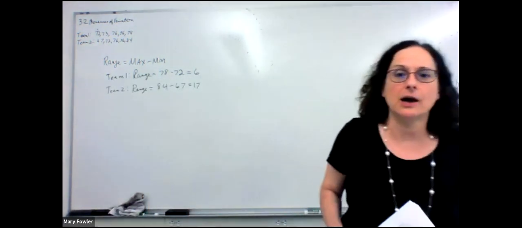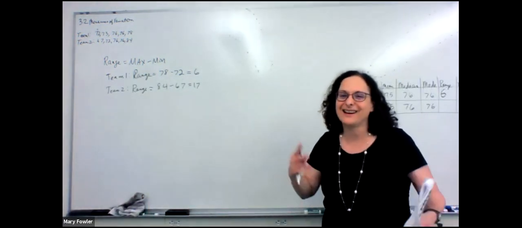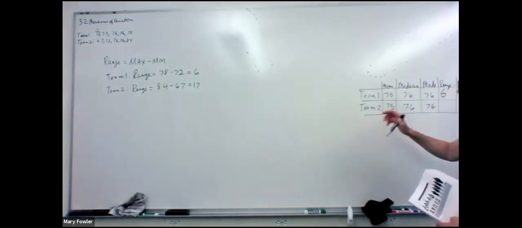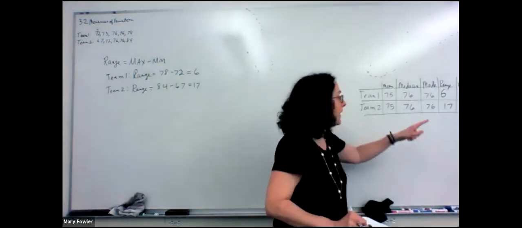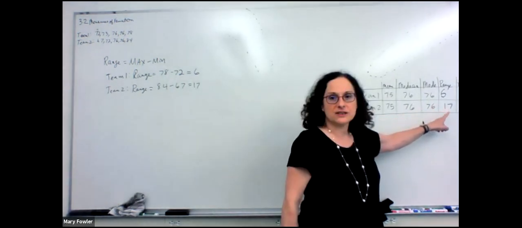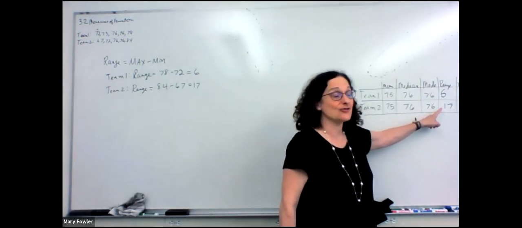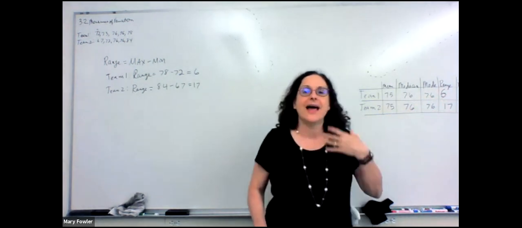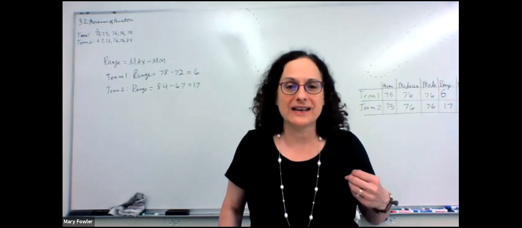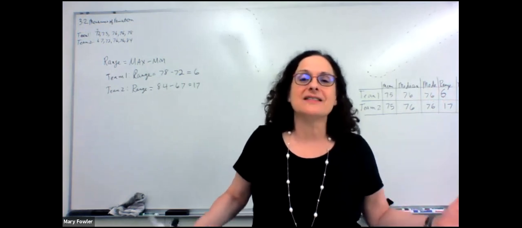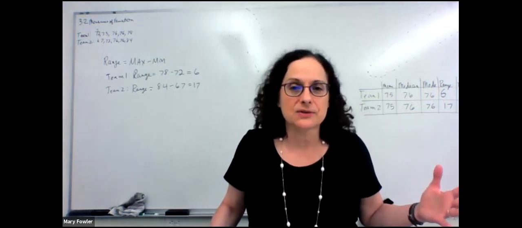And it'd be really helpful if you went along with me, so that'll help you remember how to do it. Okay. So we notice now that the range for team 2 is much larger than the range for team 1. So this is a numerical measure which begins to explain the differences in the two teams.